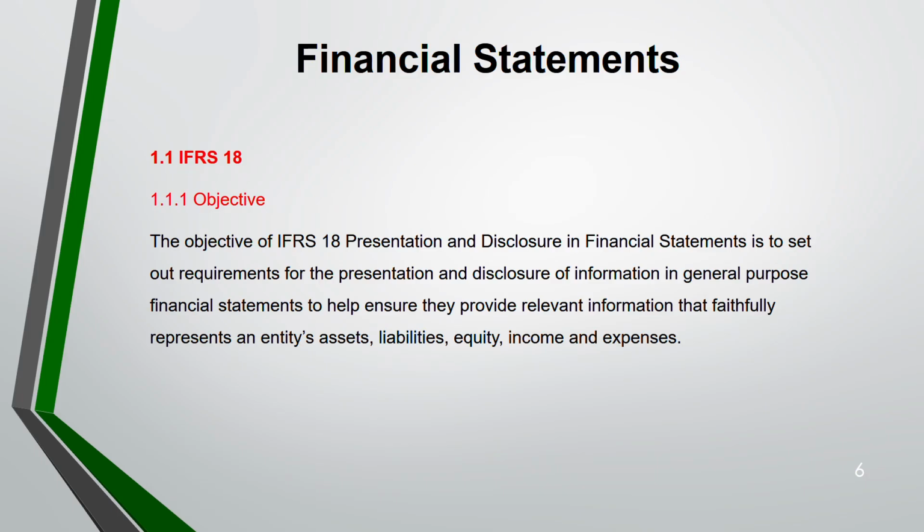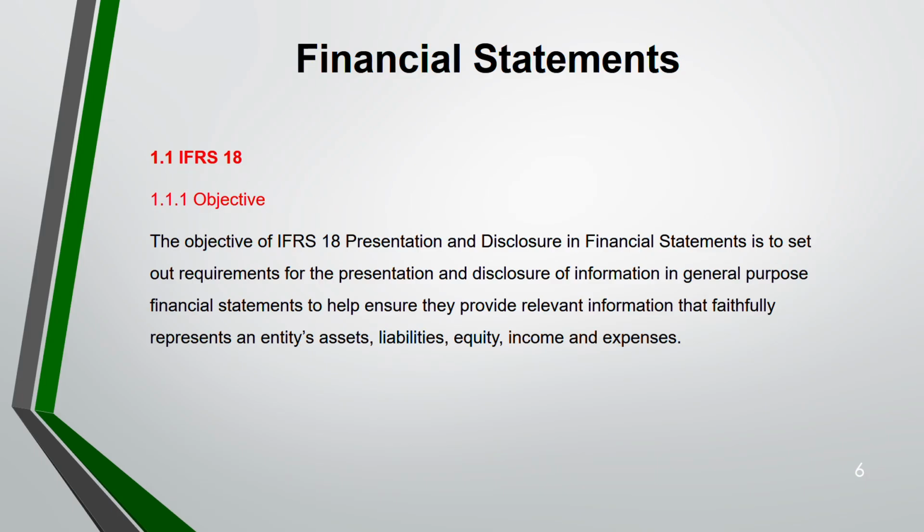So the objective is that it sets out the requirements for the presentation and disclosure of information in general purpose financial statements, so that when you are providing information, you are giving relevant information that faithfully represents the entity's assets, liability, equity, income, expense.